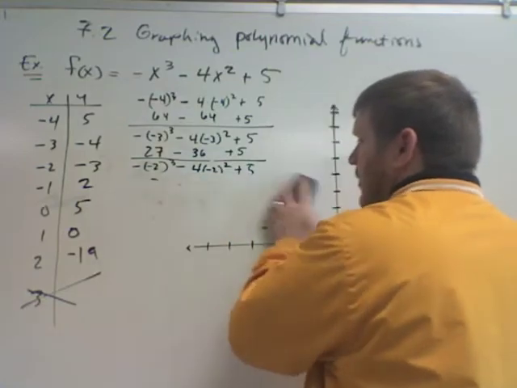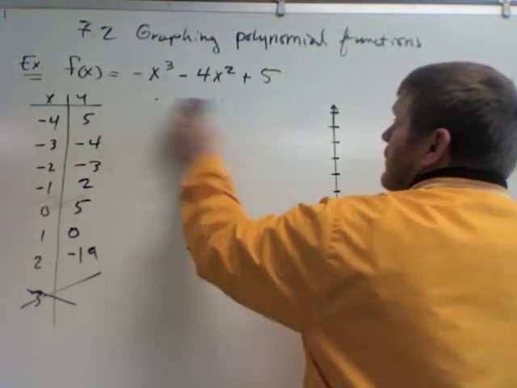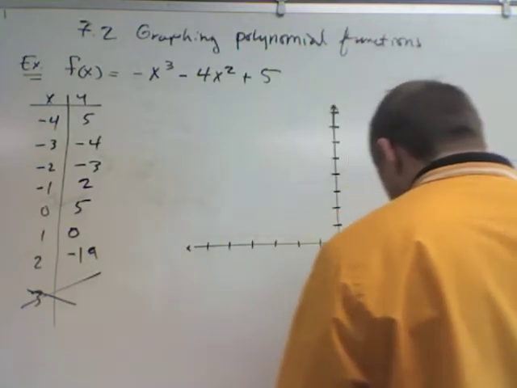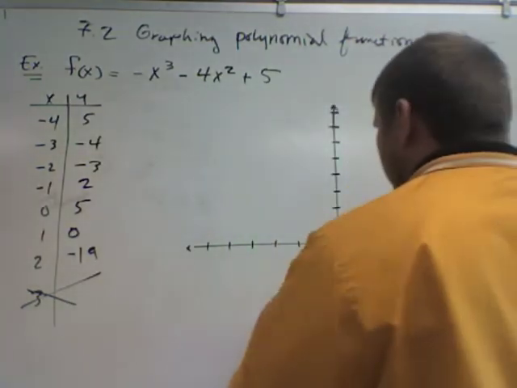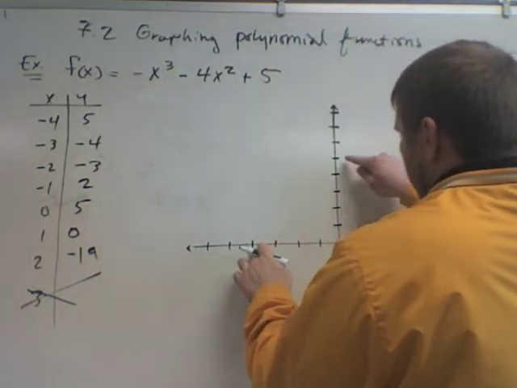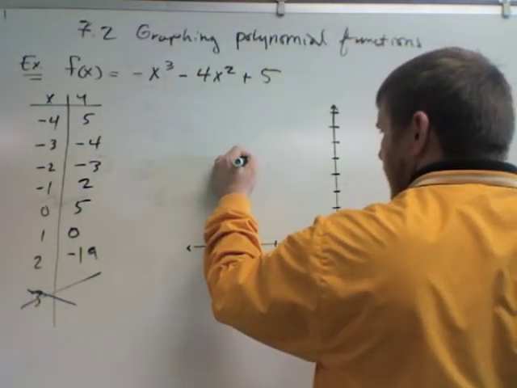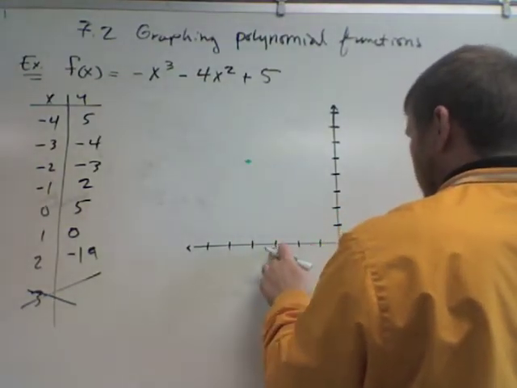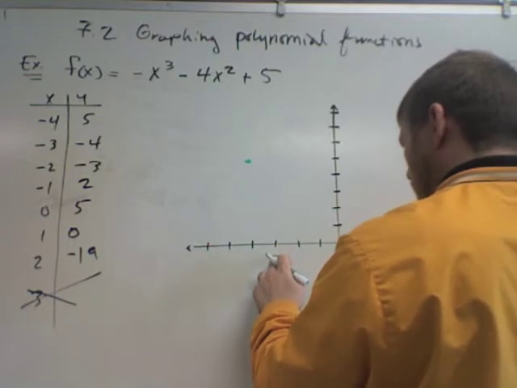And then go ahead and plot my points. I have -4, 5, and I have 1 point here. -3, -4.